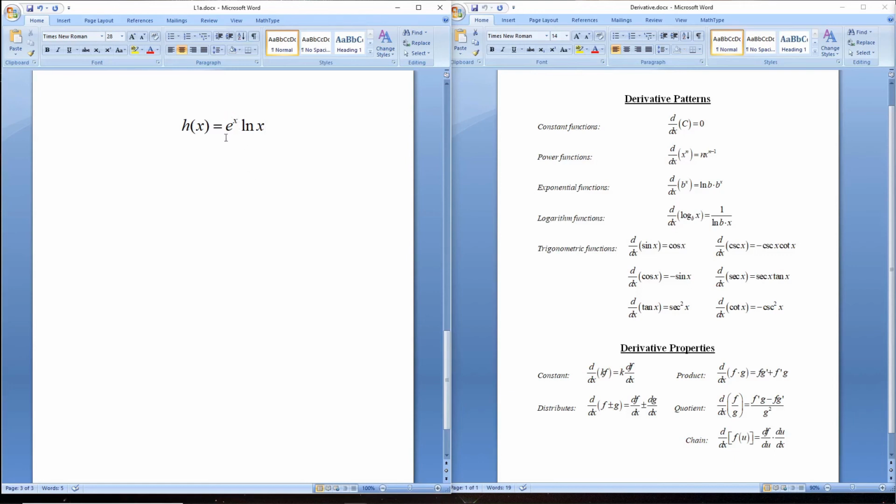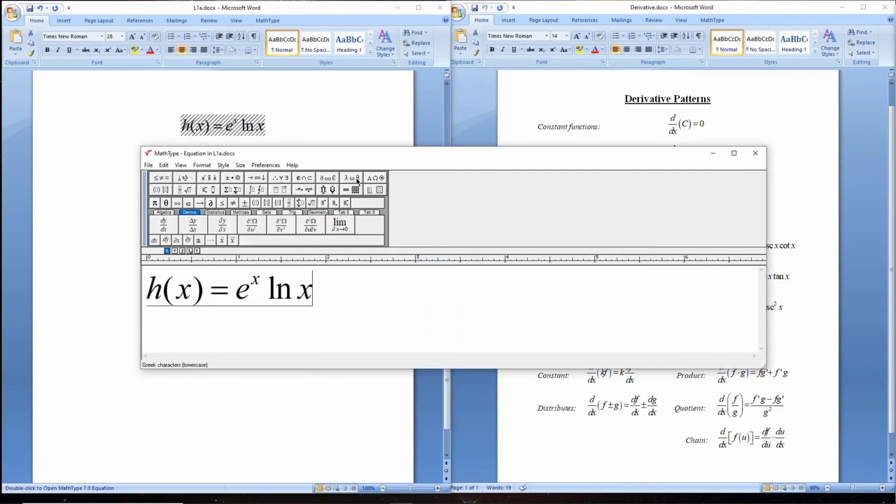We have an exponential function times a log function. So we know for property patterns, we're using the exponential pattern and the log pattern. Also, identifying the functions allows us to split this up so that we can use the product rule.